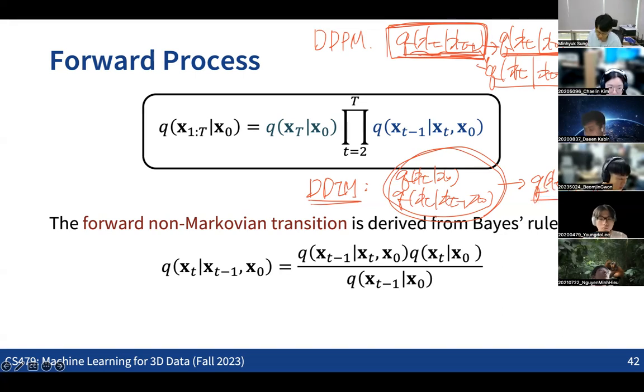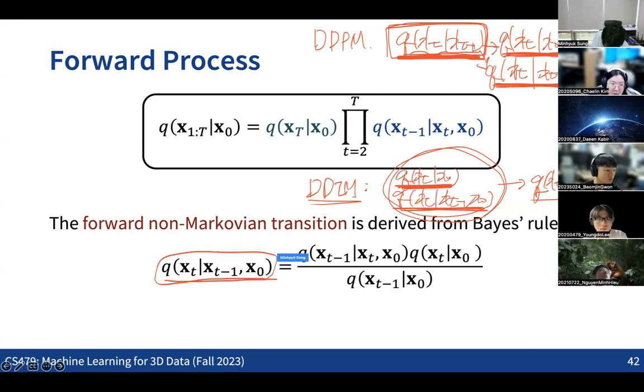So in the DDPM case, we define the single transition, and from this we define this forward jump and also this conditional distribution. In the DDIM case, we are defining this and this, and then based on that, we are defining the forward transition in a non-Markov way, which is not only conditioned by the xt minus 1, but is also conditioned by the x0. And this can also be derived using the same Bayes rule that we have seen in this case.